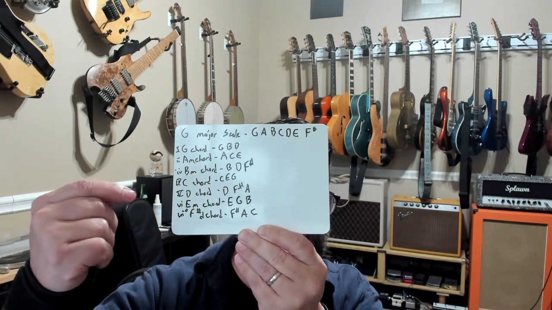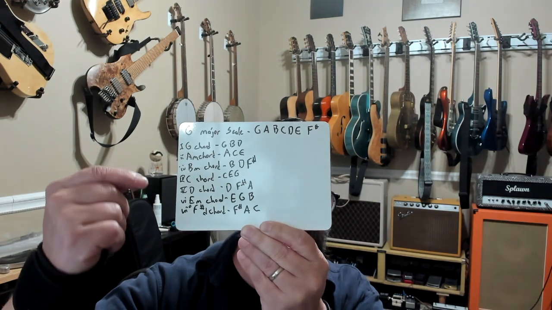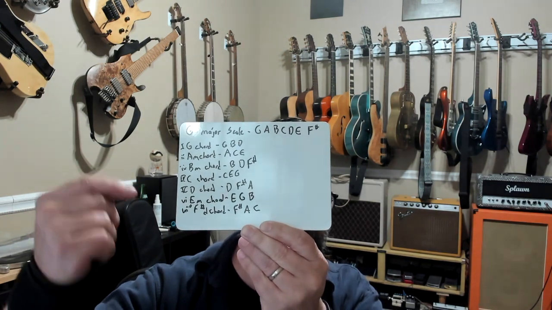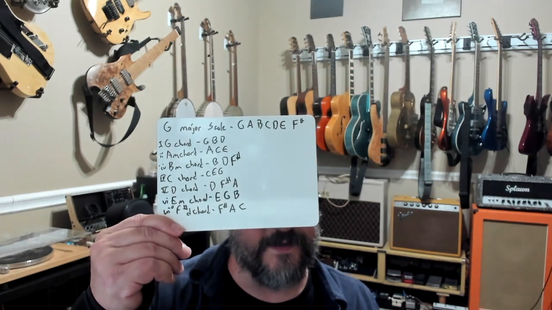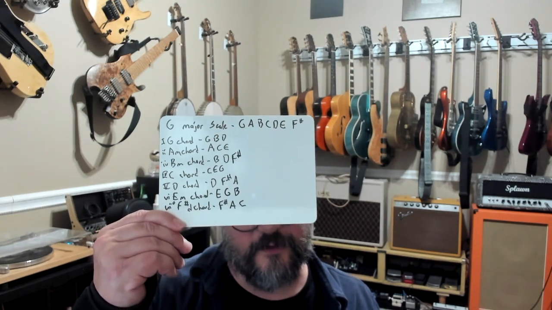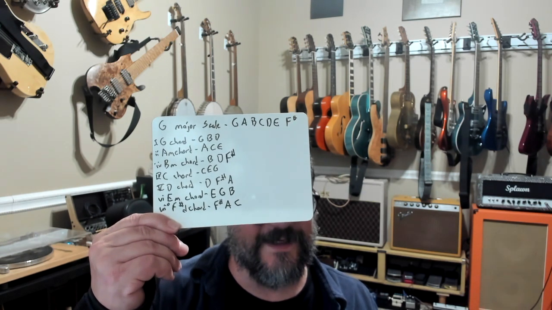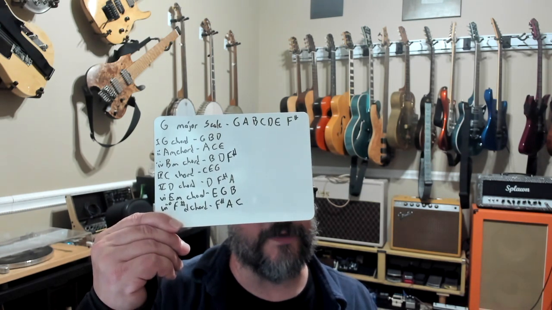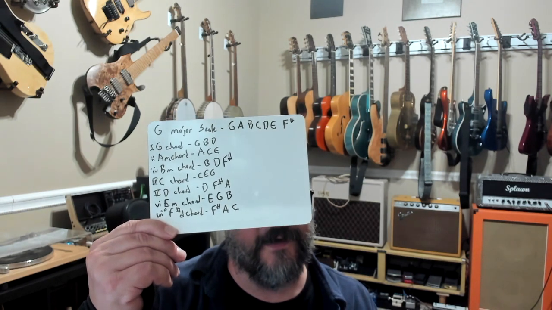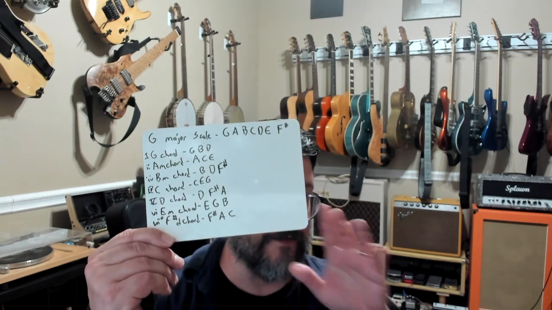You go, okay, there's my B. I go over 2 notes to get to my third, that's a D. 2 more notes, I get to my F sharp. C chord, I start on my C, go up 2, E, go up 2, I wrap back around to G. There's a C, E, and G in a C chord. D chord has a D, F sharp, and an A. E minor chord has an E, a G, and a B, and the F sharp diminished has an F sharp, A, and C. This is the most difficult thing I'm going to talk about today.